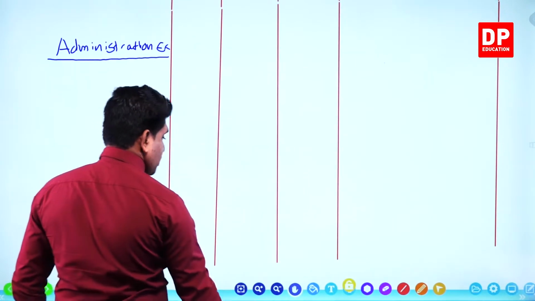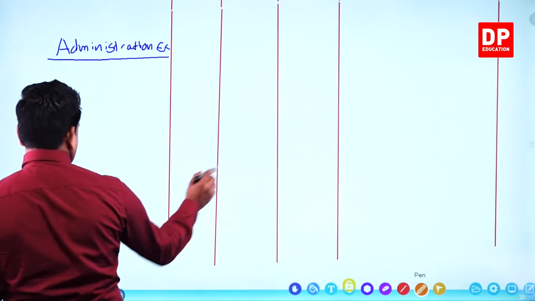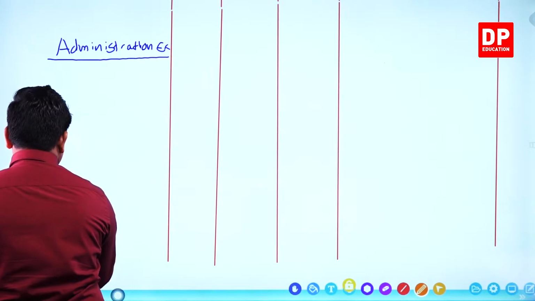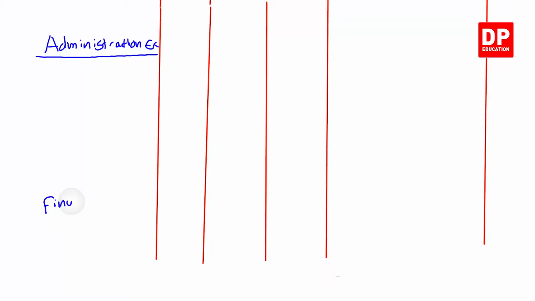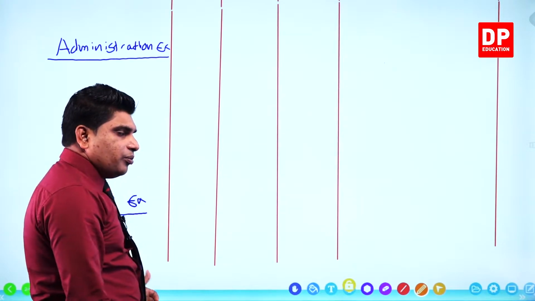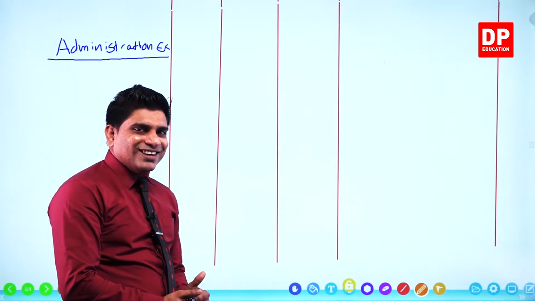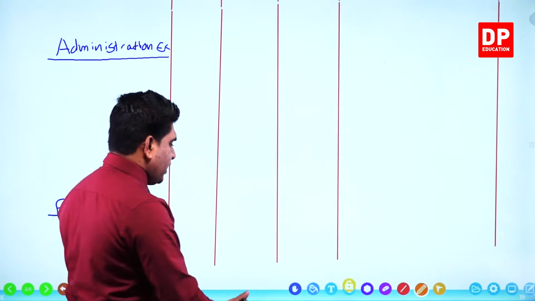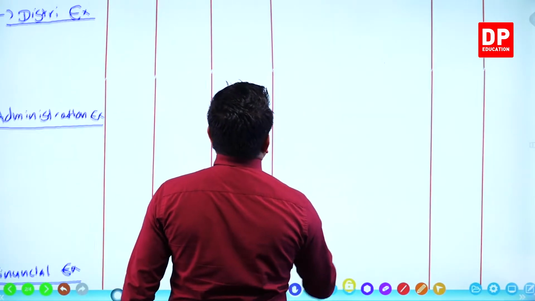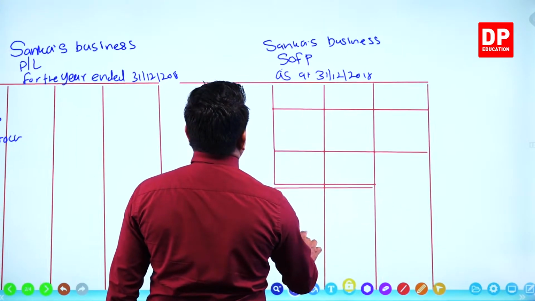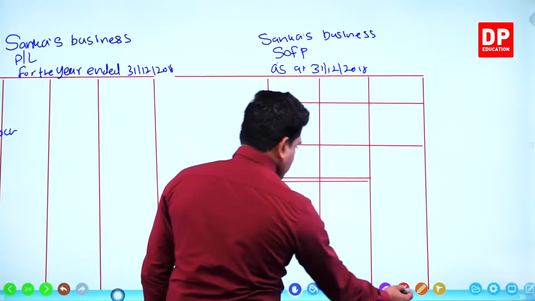Yeah, financial expense. This is the last expense category. In this question, we didn't see any other expenses, right? If they have given other expenses, we have to maintain other expenses column, right?